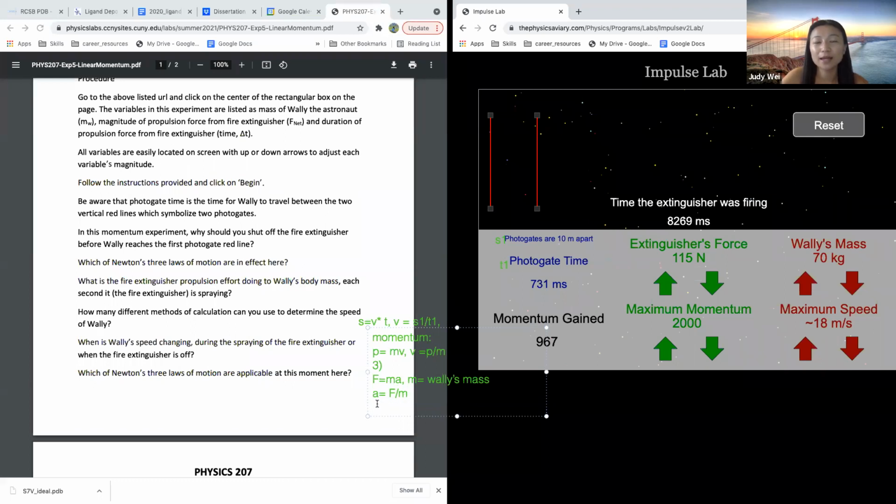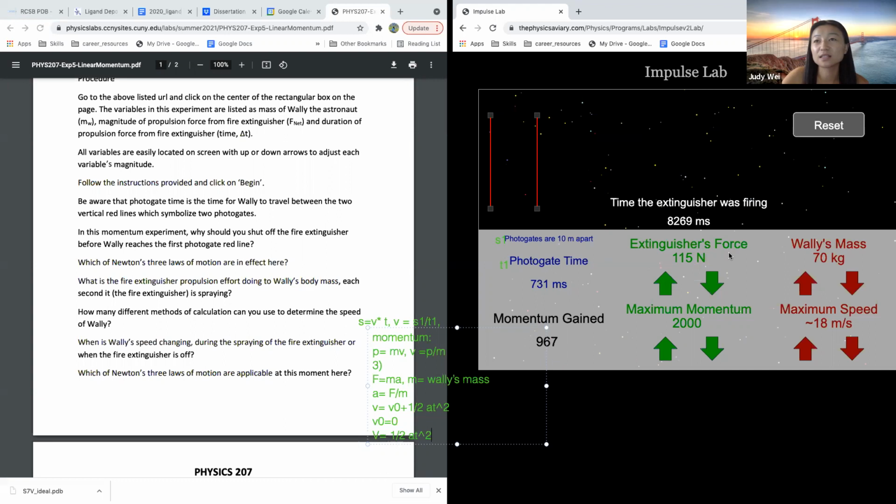So once we get a, if we want to calculate the speed when the fire extinguisher starts firing, we can do v equals v0 plus half a t squared, right? But since at the beginning v0 is 0, we can do v equals 1 over 2 a t squared.